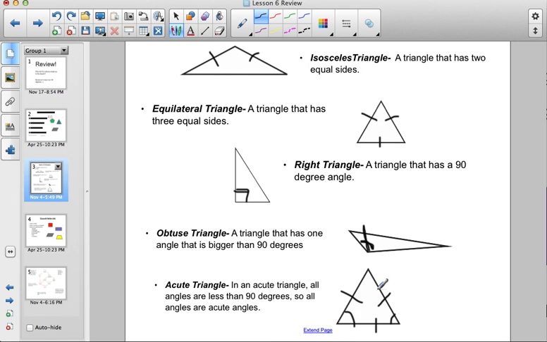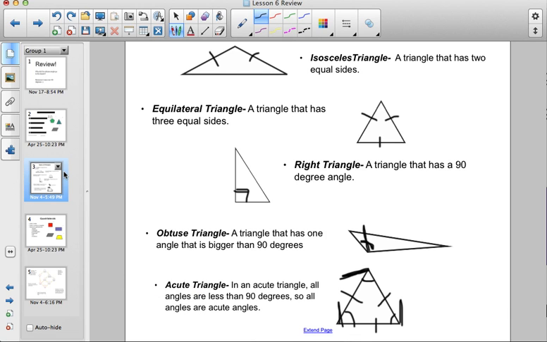But this angle and this angle are all less than 90 degrees. If one of them were 90 degrees, it would go off like this, or right here, or right here.